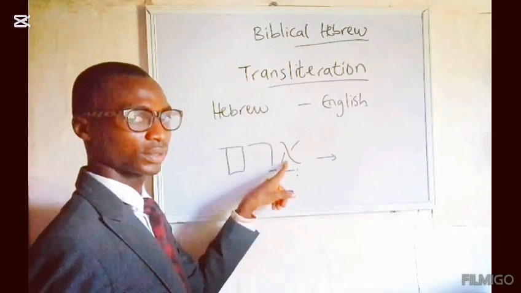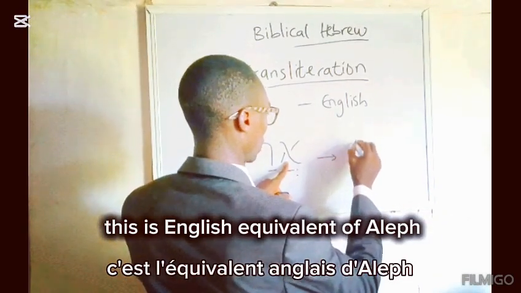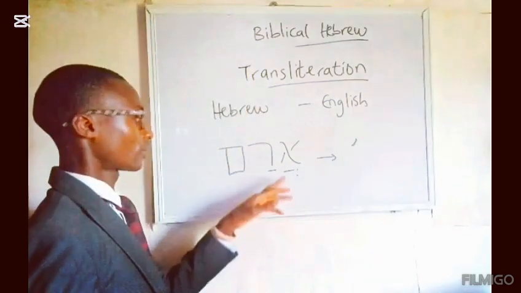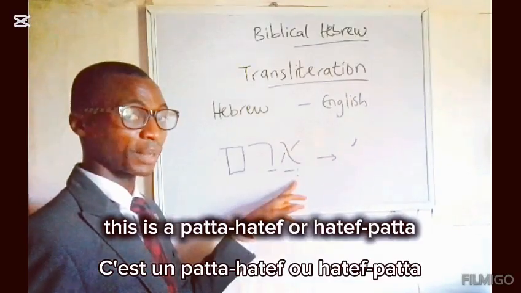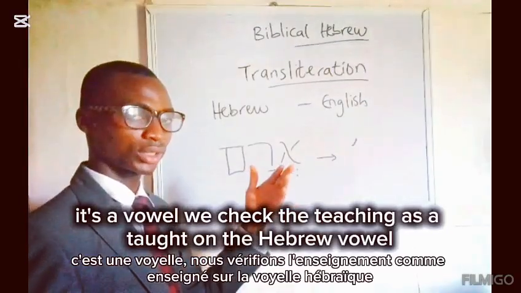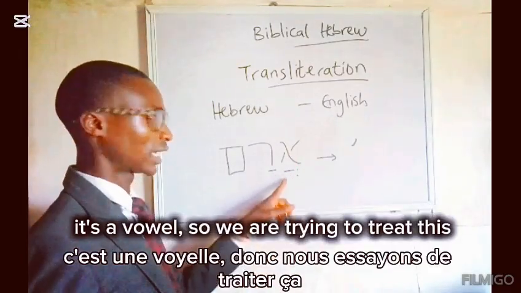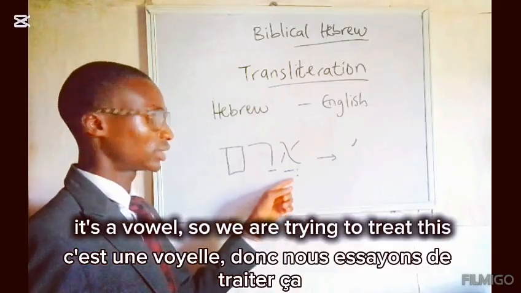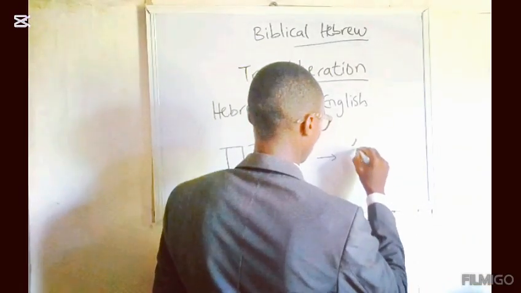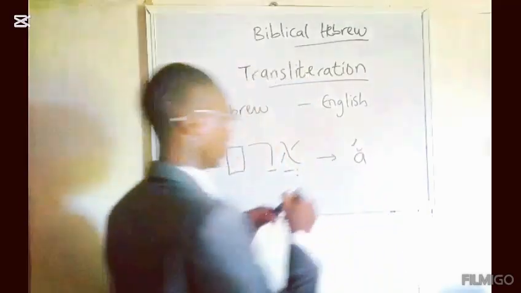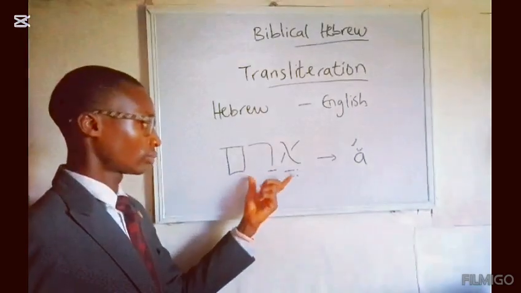This is Aleph. So this is the English equivalence of Aleph. This is Pata Atef or Atef Pata. It's a vowel. We check the teaching as taught on the Hebrew vowel. So it's a short a vowel. So that's the symbol. Alright, now concentration.